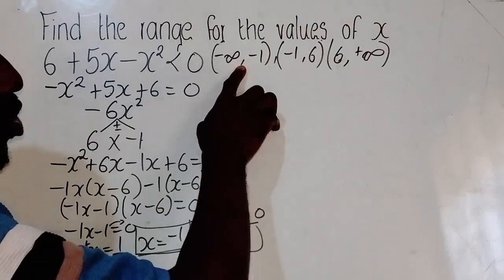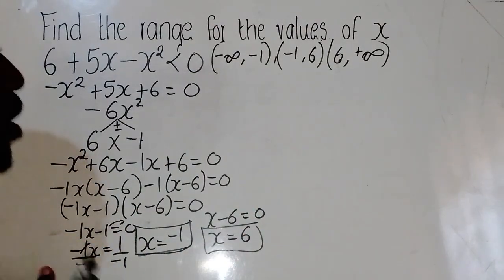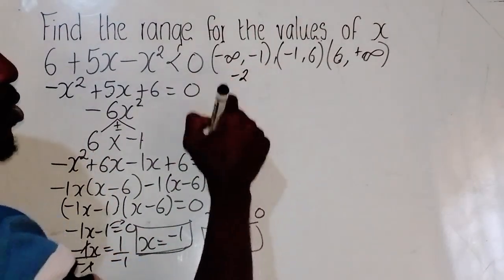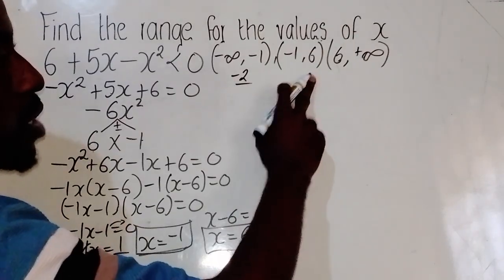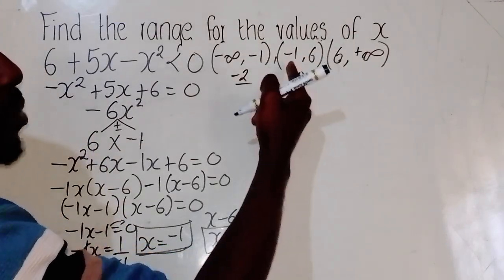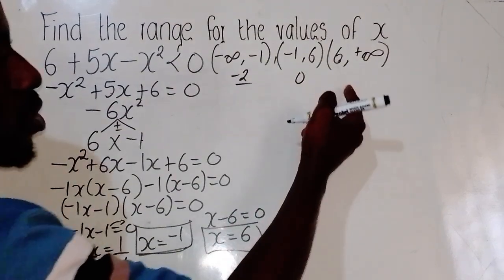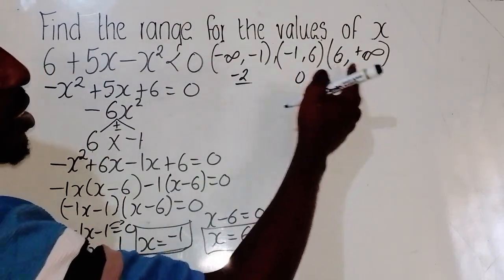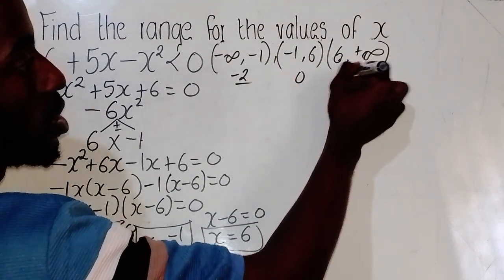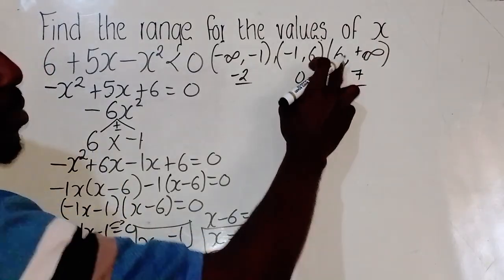Now you need to pick a value between each of these intervals. For example, what value can you pick here? We can pick negative 2. Here we can pick 0, because you can pick 0, 1, 2, and so on, up to less than 6. Here you can even pick 7, because 7 is above 6.